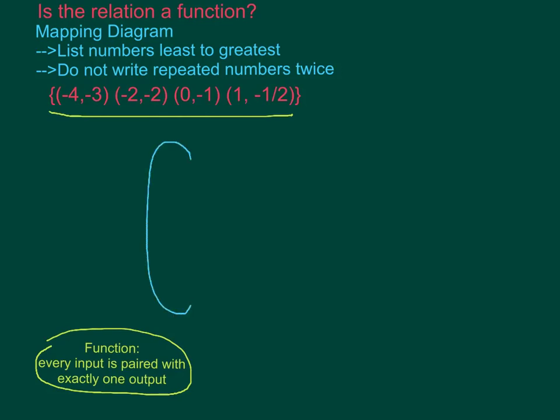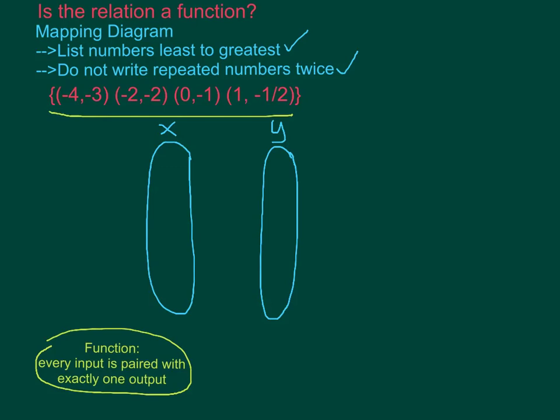We start with two ovals. One represents our x values, and the other one represents our y values. Two things. We have to first list the numbers least to greatest, and then we have to make sure to not repeat numbers that show up twice within the same variable.